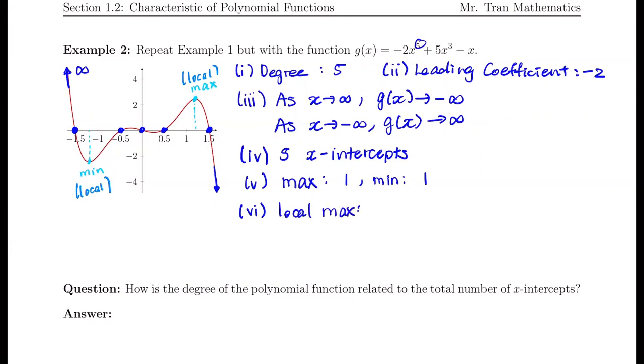Including the absolute, we would have 1 and 2. So over here would be an absolute or a local here. So that's a local max. And this point over here would be the local minimum. So the number of local maximums we have is 2. And the number of local minimums is also 2.